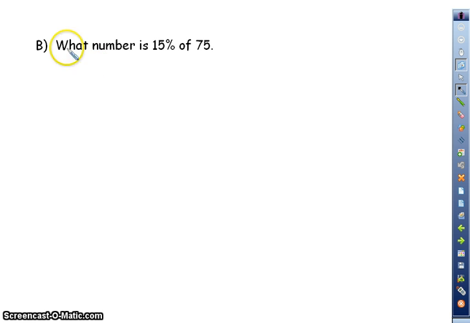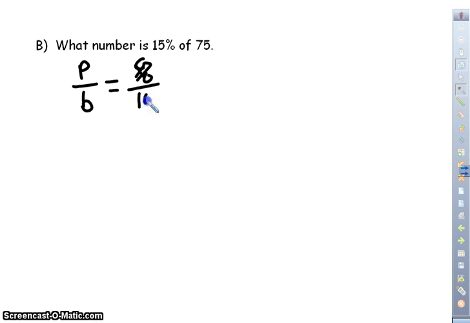Now, the next one, what number is 15% of 75? Well, again, part over base equals percent over 100. What number is 15% of 75? We are trying to find out what part.